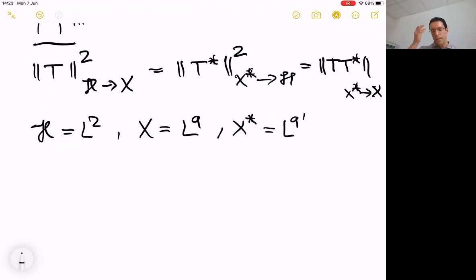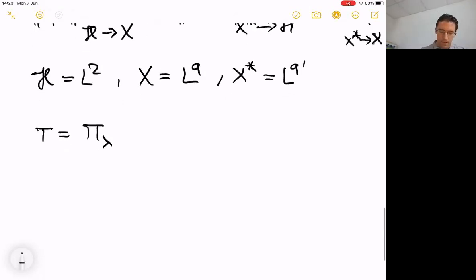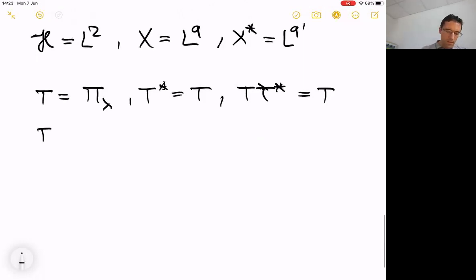Right, and the operators we are dealing with, these specific T's in our case, are also very convenient. T is either the spectral projection operator pi lambda, and then T star is just T because it's an orthogonal projection, and also T star T or TT star is the same as T. So they're all the same. And for the resolvent, let's write it like this.